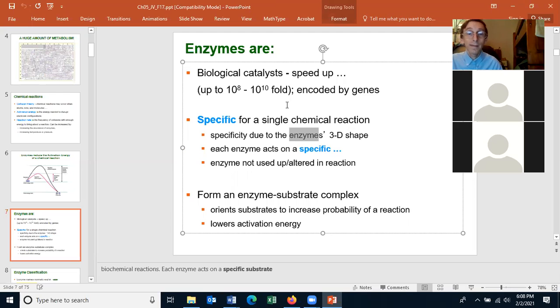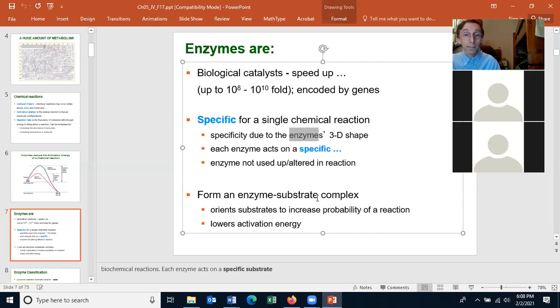That doesn't mean that the enzyme isn't changed. While the enzyme is acting, the enzyme actually binds to the substrate. And we're talking about a covalent bond, usually, although it could be a hydrogen bond. Usually it's a covalent bond. It forms a complex with the substrate.